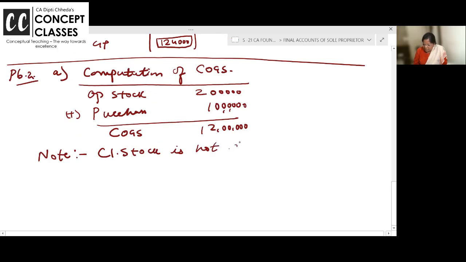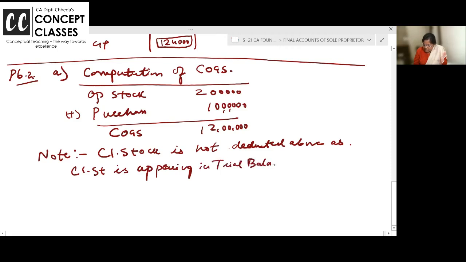Closing stock is not deducted above as closing stock is appearing in the trial balance. It means purchase is already adjusted.